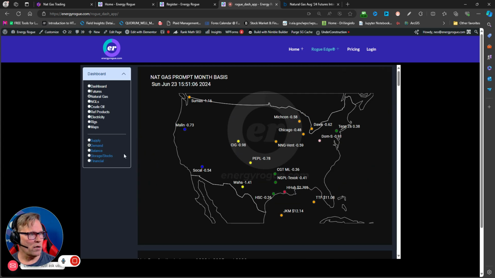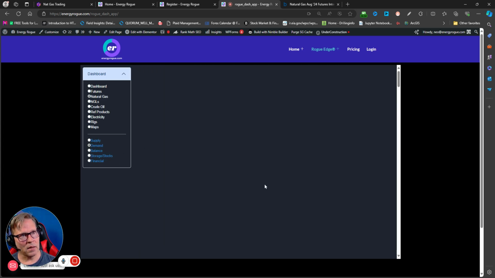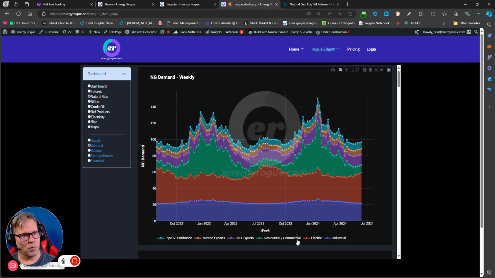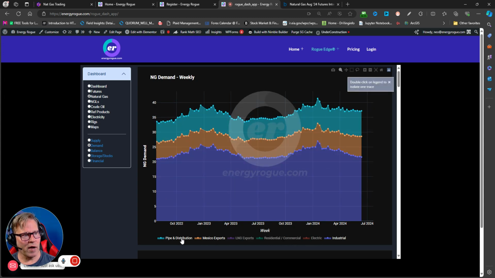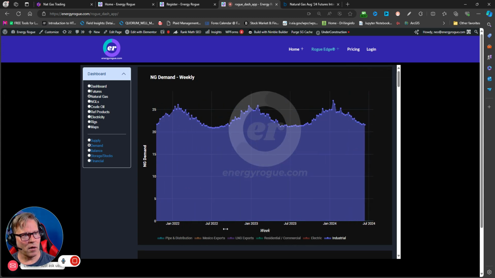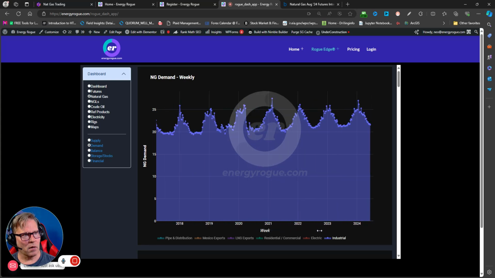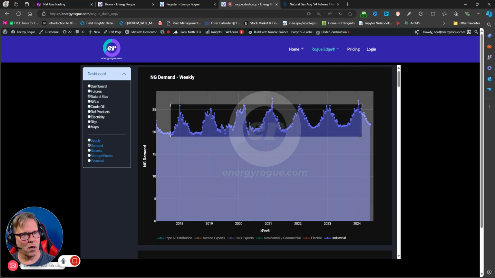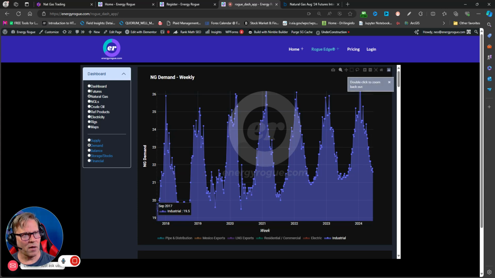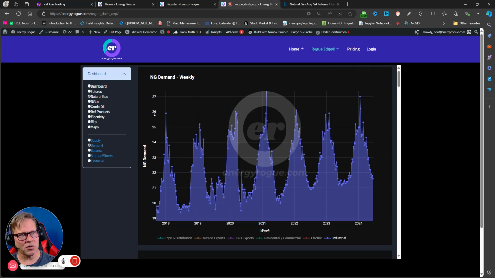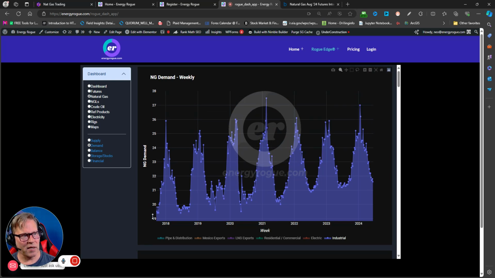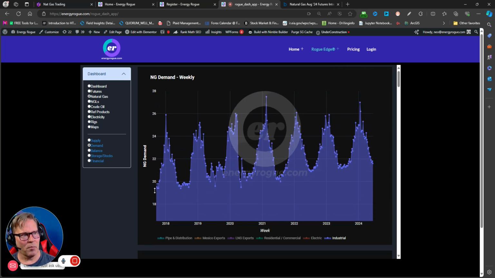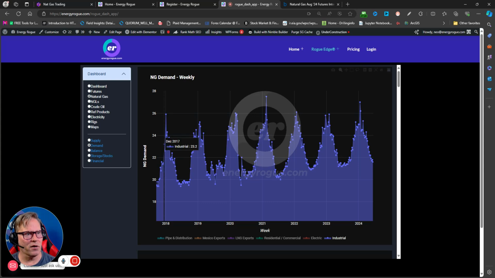We will go here, and it's important to evaluate what the variability is. When we look at industrial, it's slightly growing, but not really by much. So when we see these spikes, it's the winter time. But what you can see is that we're pretty much in the same range every year, year after year.